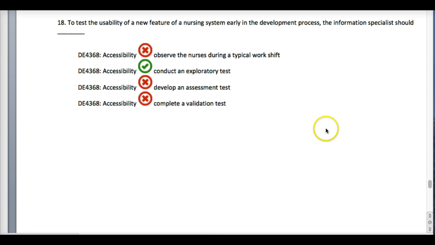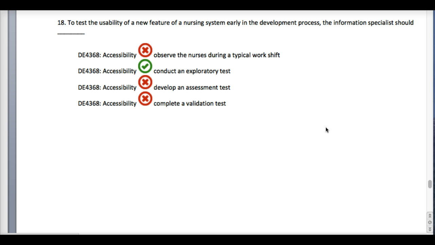To test the usability of a new feature of a nursing system early in the development process, the information specialist should. This is on page 183. The types of usability tests are determining user needs and requirements, the exploratory tests, and an assessment test. All right, if you look under these, and this is why we have an open book, for you to be able to go back to that.